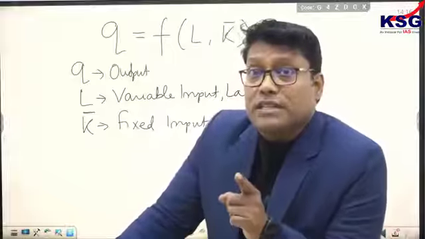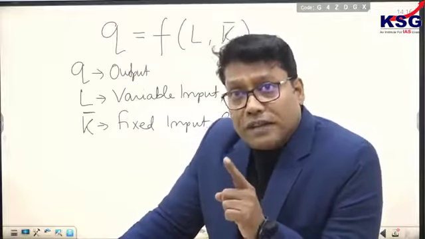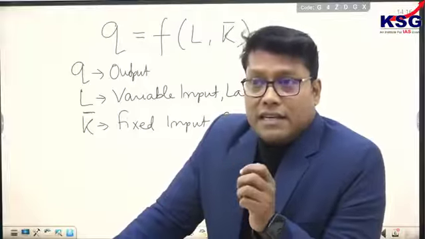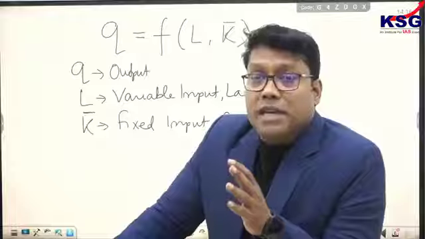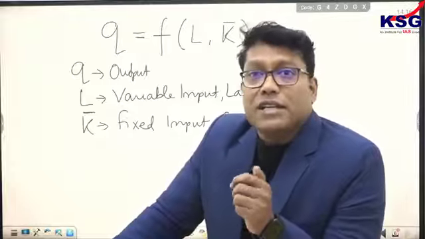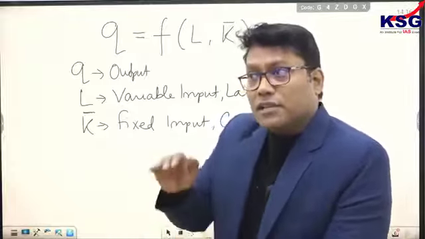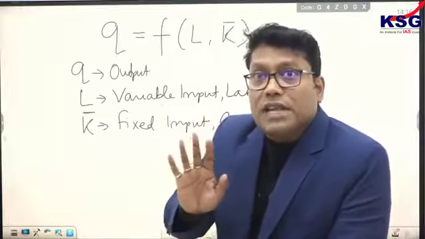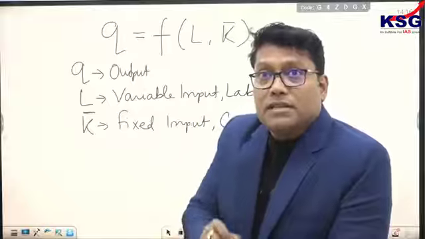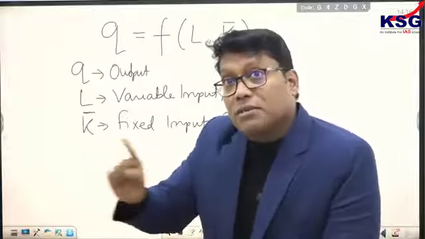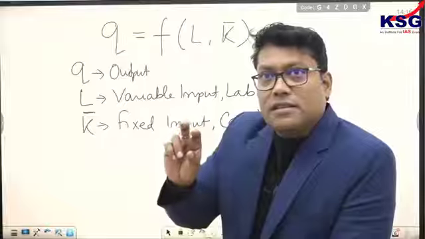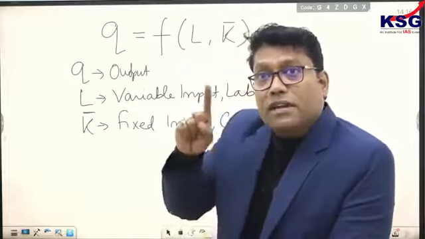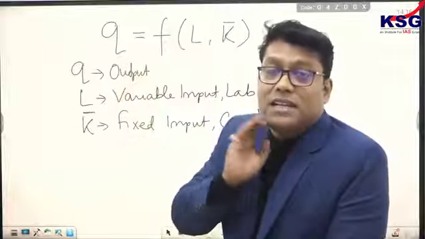When you are going to produce anything, the factors or inputs whose nature is such that you can change them any time, any particular day, you don't need to wait for a particular time period, all those factors will come under the variable input. And the factors you can't change when you want, which take minimum time, will be part of the fixed factor. In this way we divide.